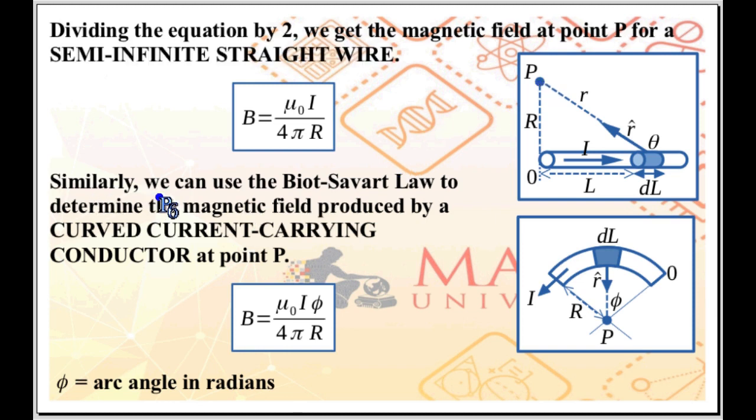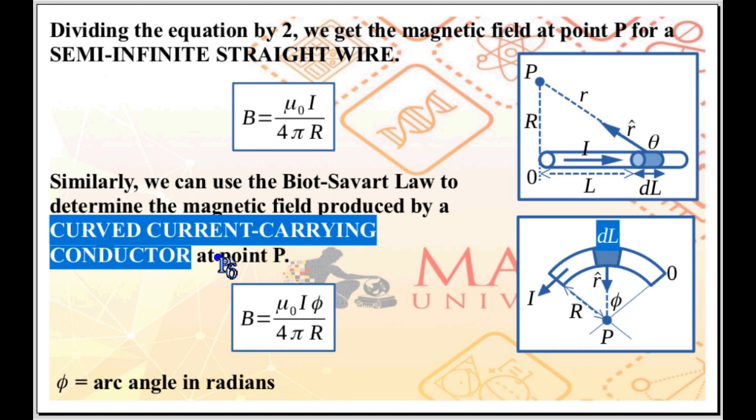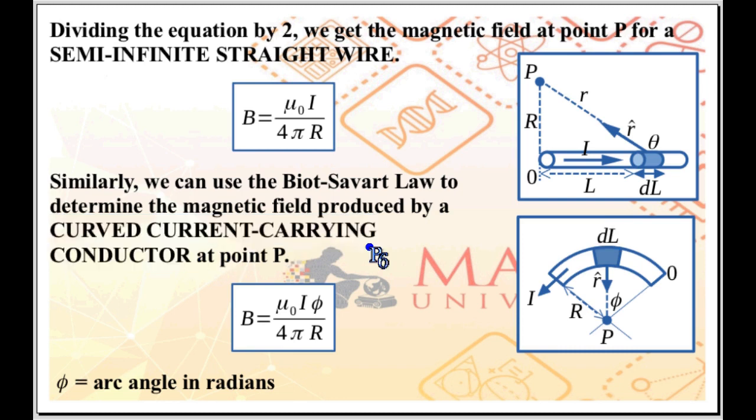Similarly, we can use the Biot-Savart law to determine the magnetic field produced by a curved current-carrying conductor. So previously, we have a straight wire. Now we have a curved wire. Basically, you have an arc, the wire or conductor forming an arc.